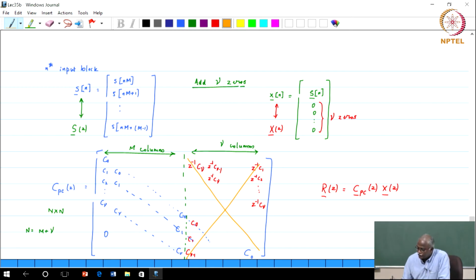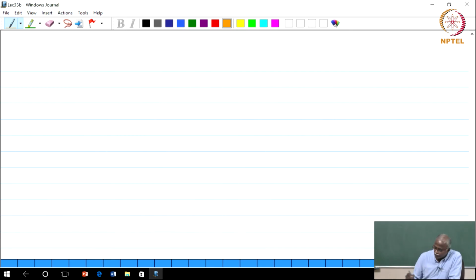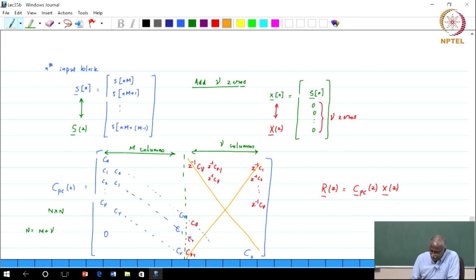Let me quickly write it down. We will call this portion of the matrix C low. Low meaning it is looking at the diagonal matrix C naught, and this is an n cross m matrix.